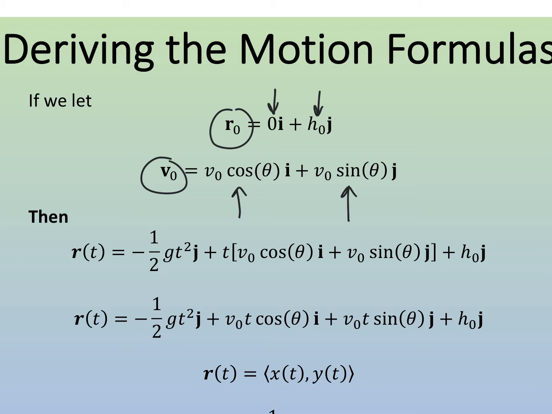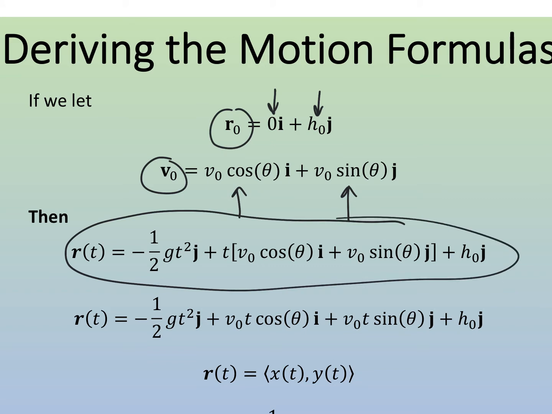So let's plug those i and j components into your r sub 0 and v sub 0 to get this equation right here. So you can see our v naught was taken up by this component vector, and your r sub 0 was taken up by your h sub 0 times j.